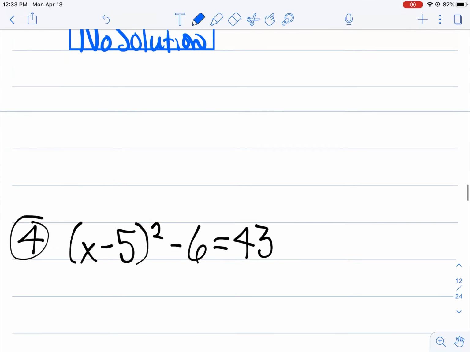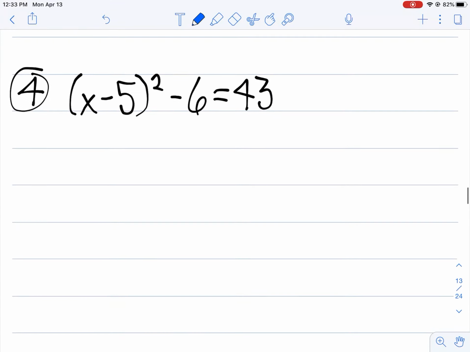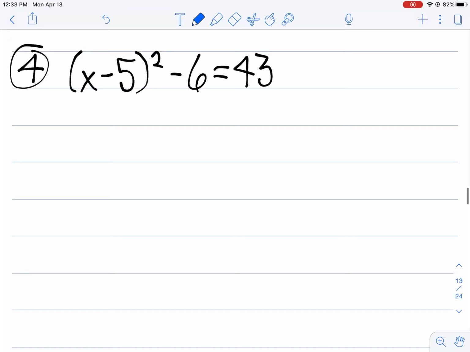Now, for the last kind of problem you can see with this topic, I'm going to work both problems 4 and 5 out because they both require a couple of things that you need to be aware of. First of all, we're going to isolate the quadratic term, so we get that by itself.